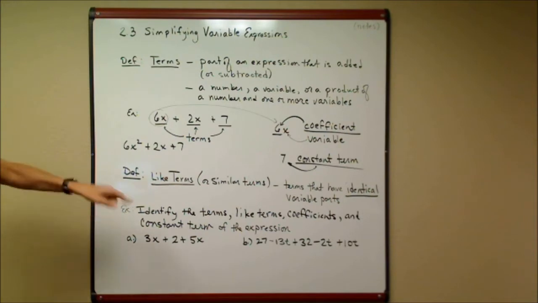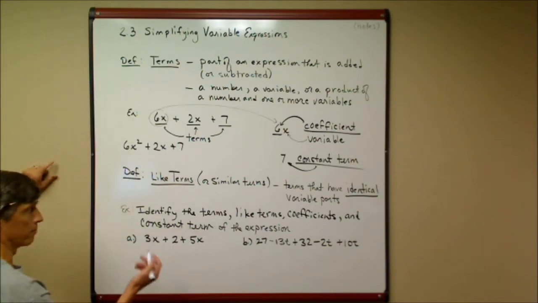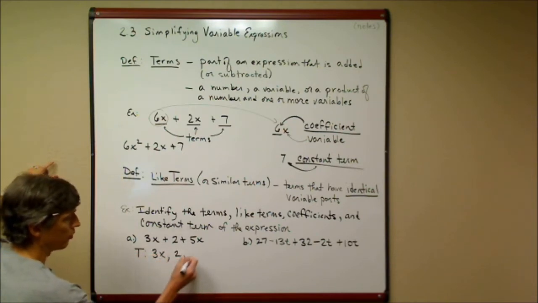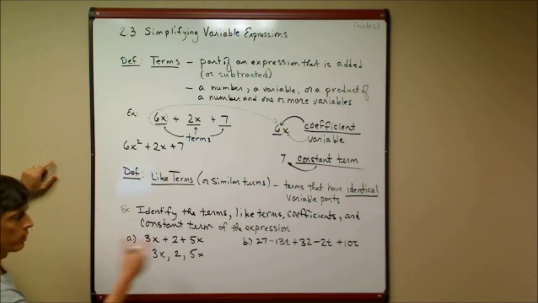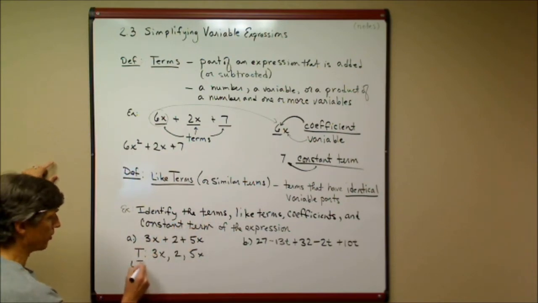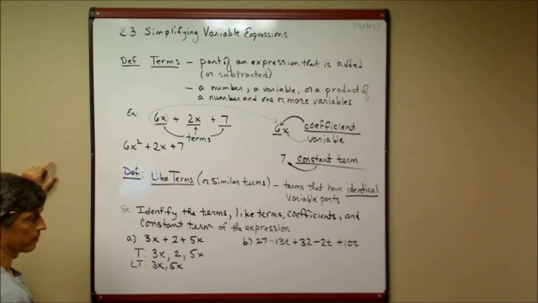Here's an example. Identify the terms, the like terms, the coefficients, and the constant term of the expression. Well, in this one right here, I'm just going to abbreviate just a little bit. The terms are 3x, 2, and 5x. Remember, the terms are what's being added. The like terms would be the 3x and the 5x because they have the same variable part.